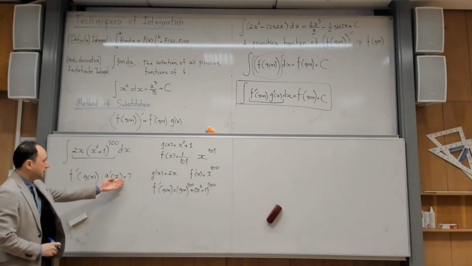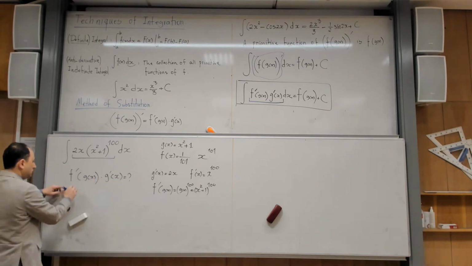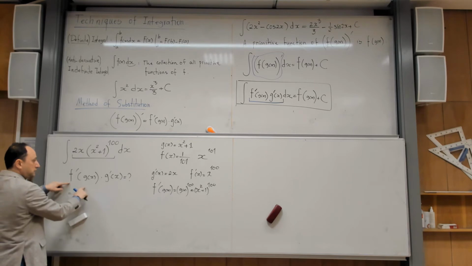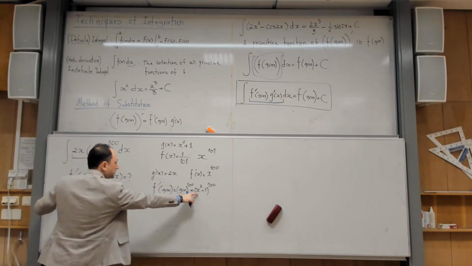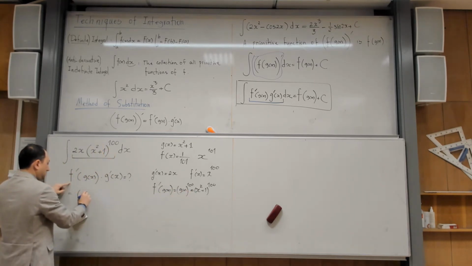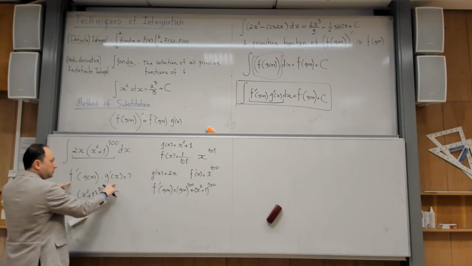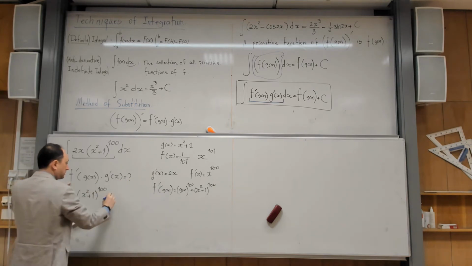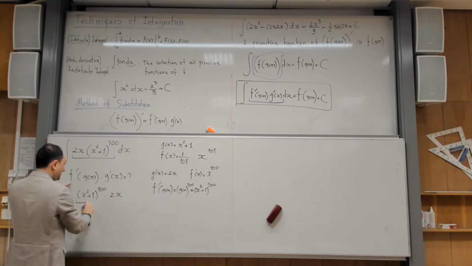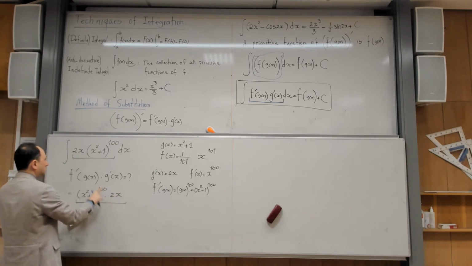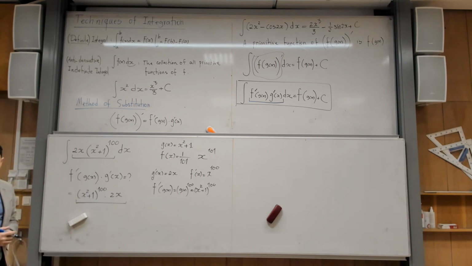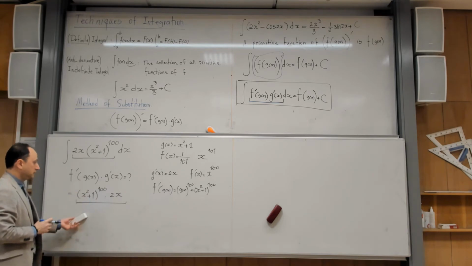If I ask you to calculate the question mark, you would say that instead of f prime of g of x, I write this expression, and instead of g prime, I write that expression. So you get this. And this is exactly what is appearing here. So is that clear? It was not actually that hard if you have a little bit of experience.